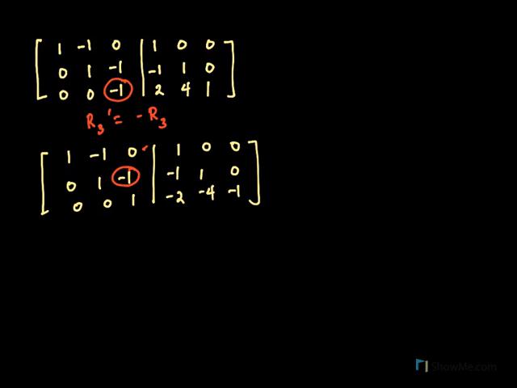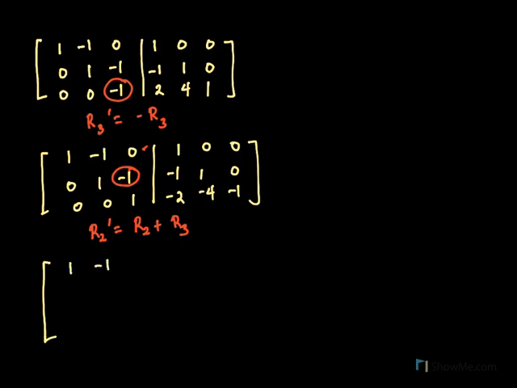Kasi wala naman ng laman yung row 1, 0 yung nasa row 1 eh. Okay, 0 tong part na to. So, ang pwede mong i-partner dito is this, yung nasa row 3. So, our operation will be R2 prime is equal to R2 plus R3. Kasi negative 1 and 1. So, i-add mo lang, magiging 0 na siya. I-apply mo yung formula na yan sa lahat ng elements ng row 2.